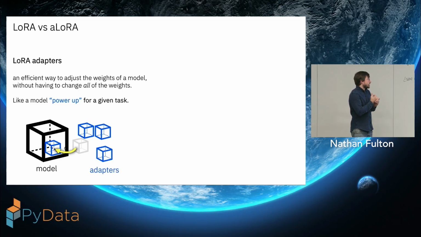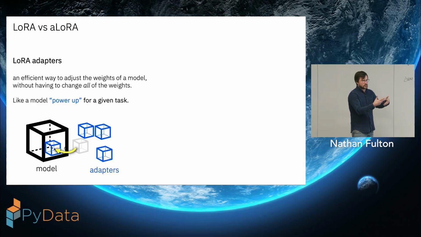The unfortunate thing about using adapters is that each time you switch out the adapter, you need to re-prefill all of the context. So, for example, if you use an adapter to do a requirement check, you have to rerun all of the context that you're going to do that requirement check on, which can get quite expensive.